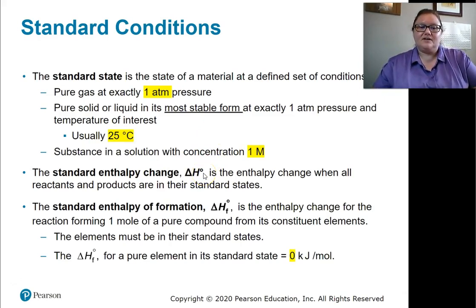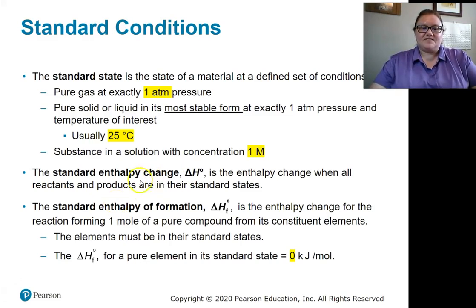That little circle looks like a degree symbol, but it's not. In this case it means standard conditions. If that's absent and we just have the delta H, then standard conditions are not assumed. You want to look at what else is given in the problem to get the information you need.